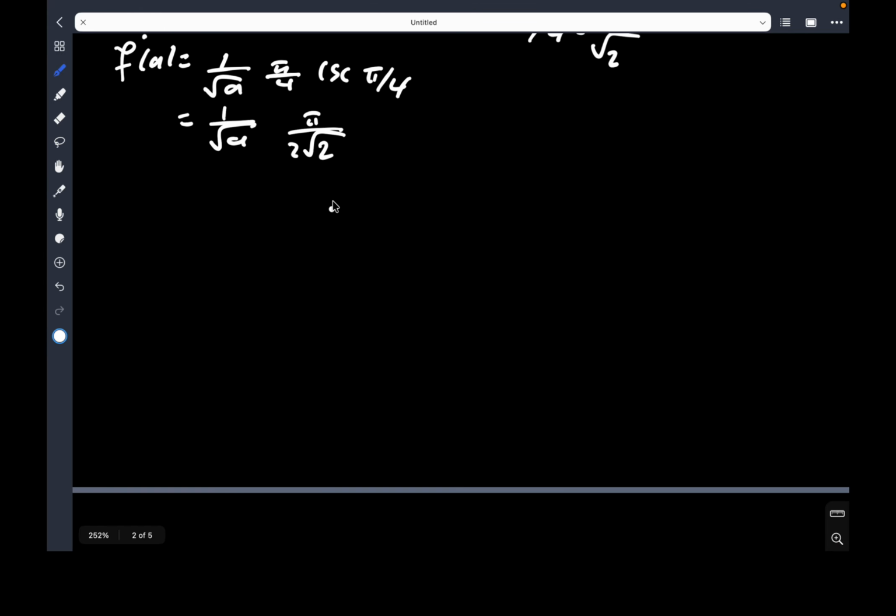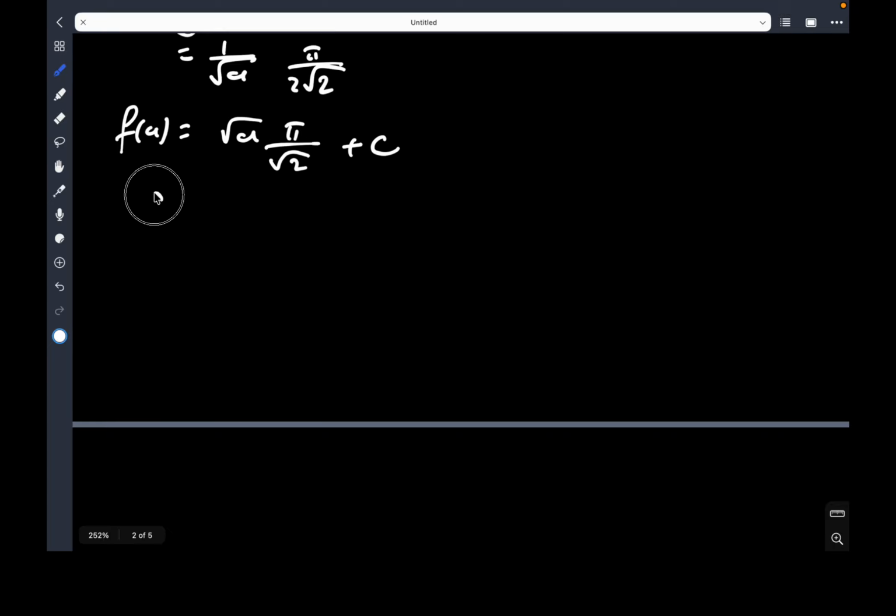And if I take the integral here, my f of a is going to be root a times pi over root 2 plus some constant of integration. And if I let a be equal to 0, I'm going to find that c, the constant of integration, is 0 here.